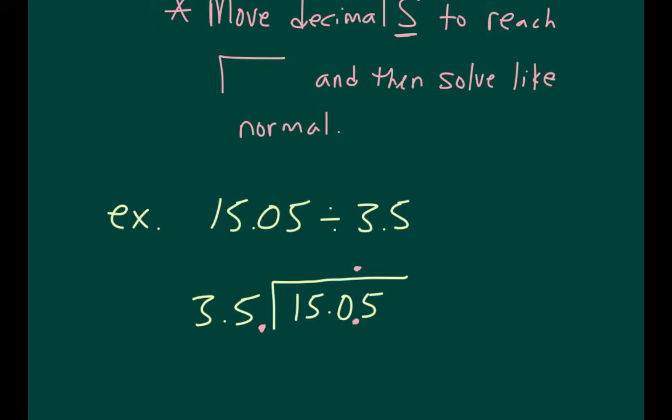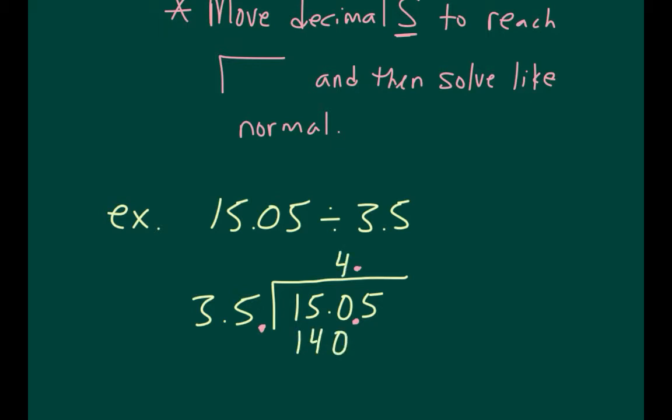All right, now we have 35. 35 goes into 150 how many times? Push comes to shove, you could try different numbers. You could count it on your fingers. 35 times 2 is 70, plus 35 is 105, plus 35 again would be 140. So 35 times 4 gives me 140.